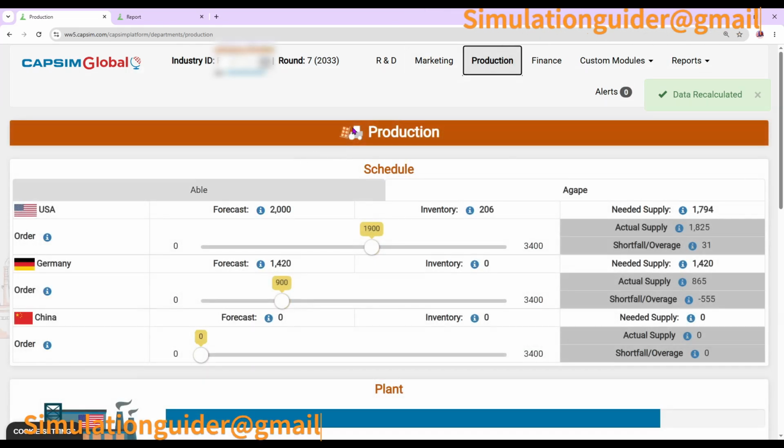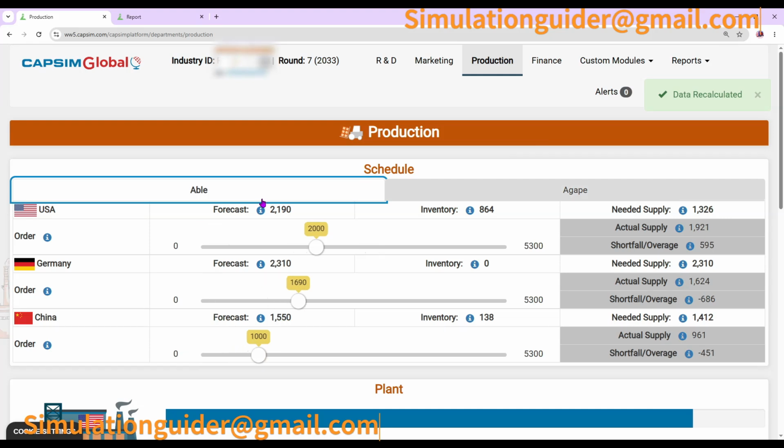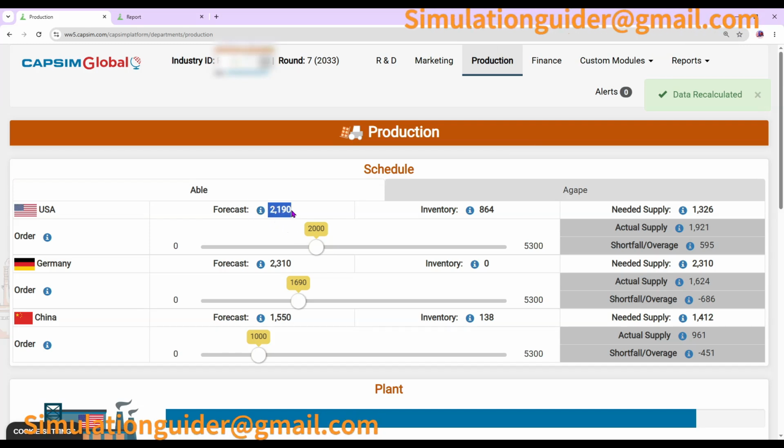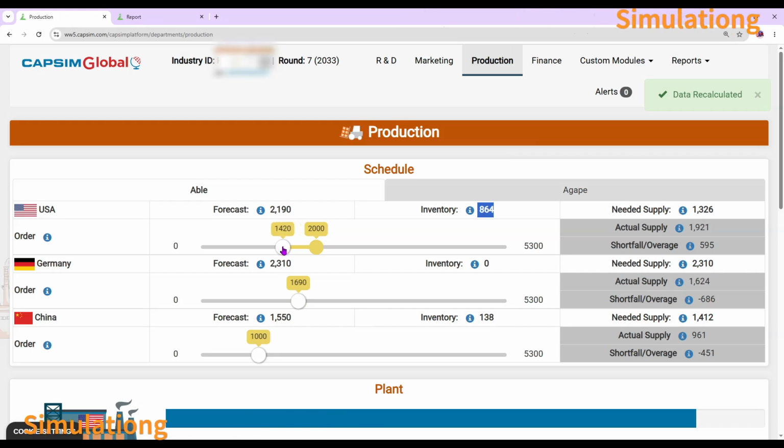Next on is production. Under production, now we are focusing on producing products that we have just forecasted. So our forecast for Able in the USA market is 2190. We have an inventory of 864, so we're going to produce around 1470.